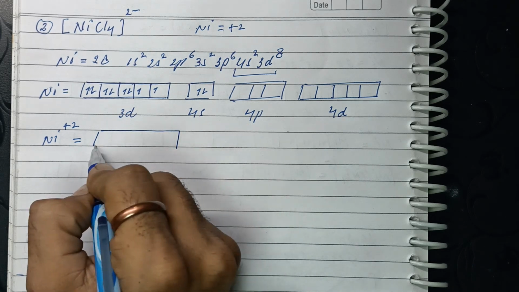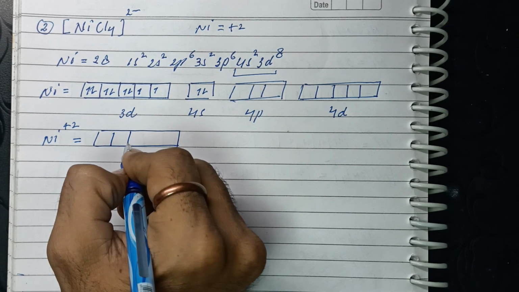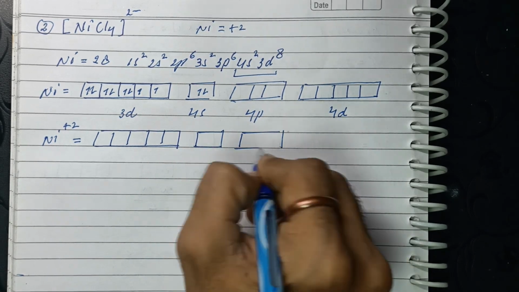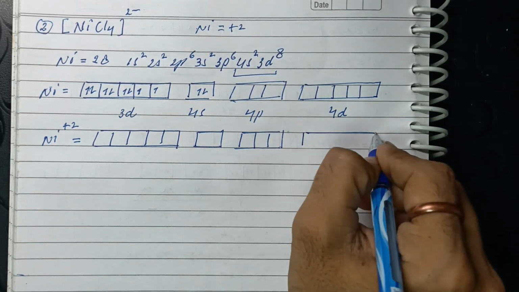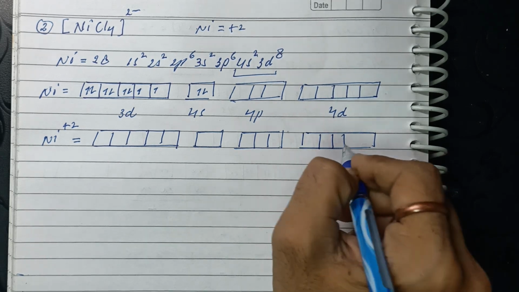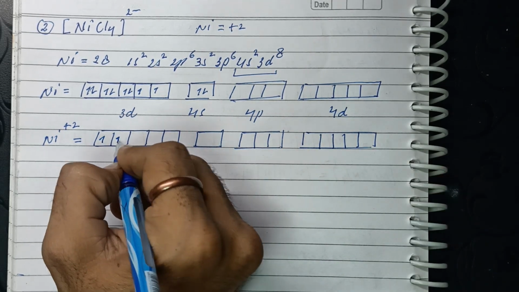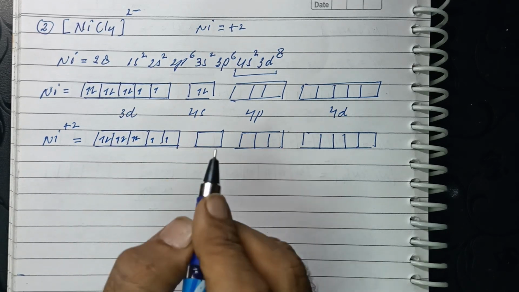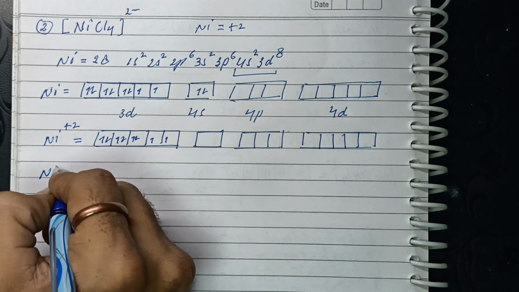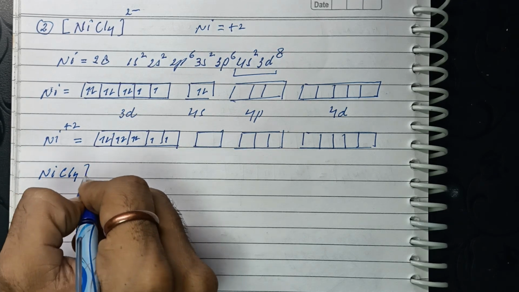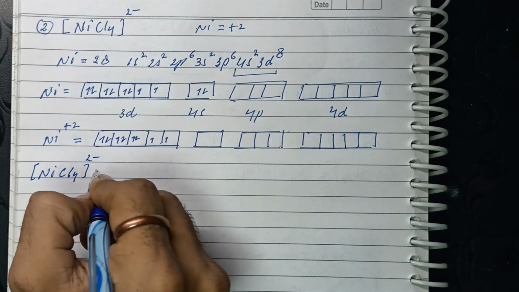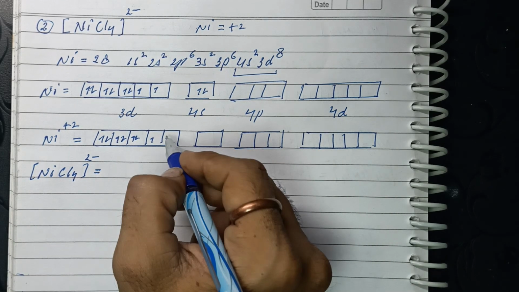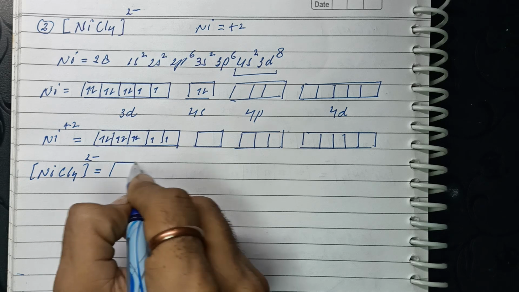We will remove the electrons from the valence shell, that is 4s. 1, 2, 3, 4, 5, 6, 7, 8. 2 electrons removed by us. Now nickel will combine with 4 chloride. As you know that this chloride is a weak ligand, therefore no pairing will take place.